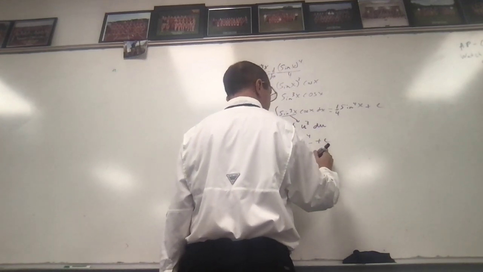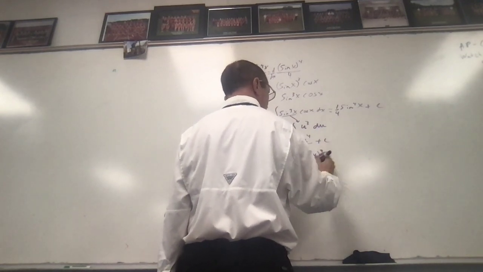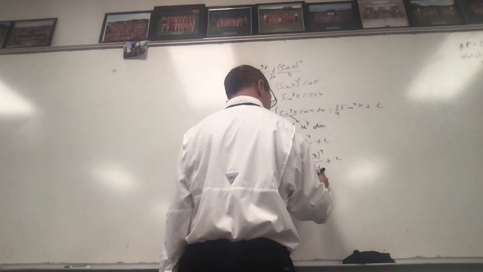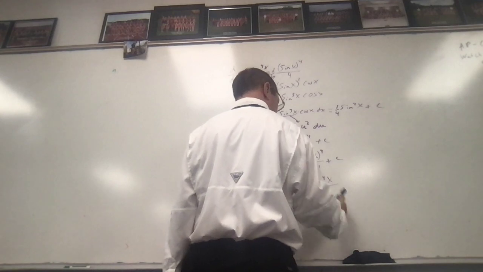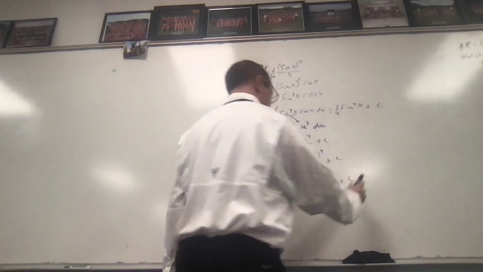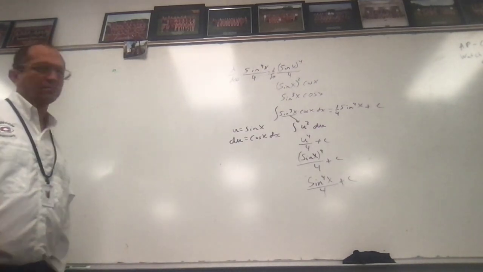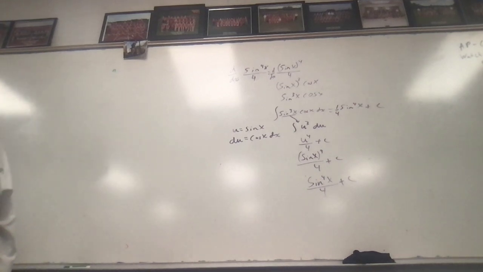So it's sine of x to the fourth over 4 plus c, which we could, of course, write as sine fourth x over 4 plus c. Is there a question about that?